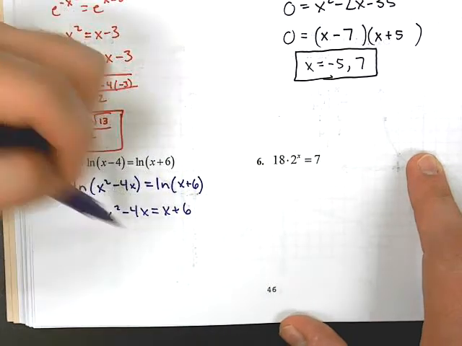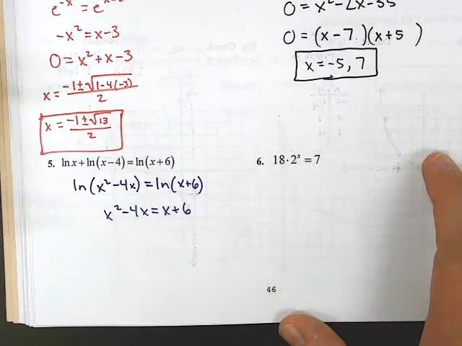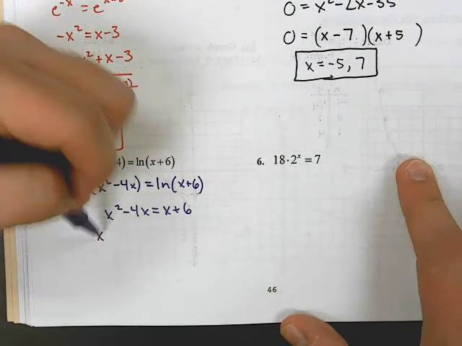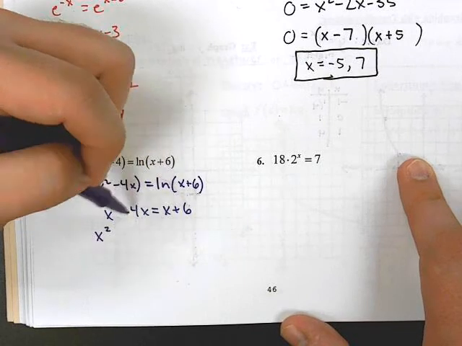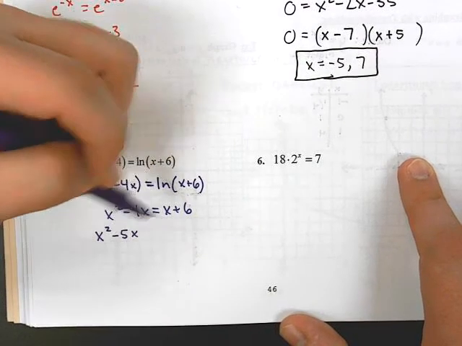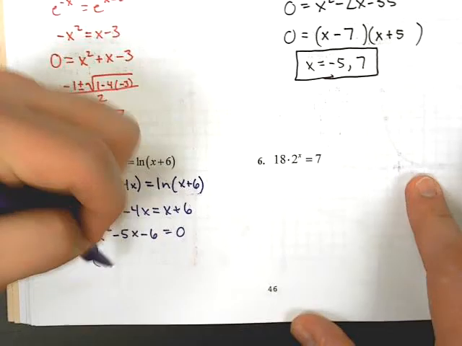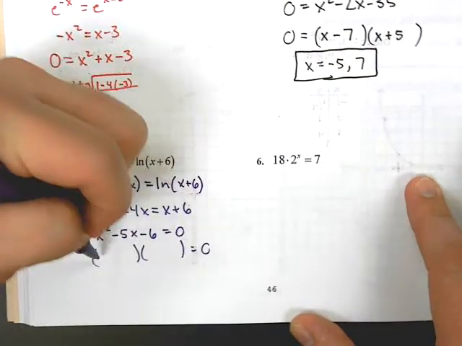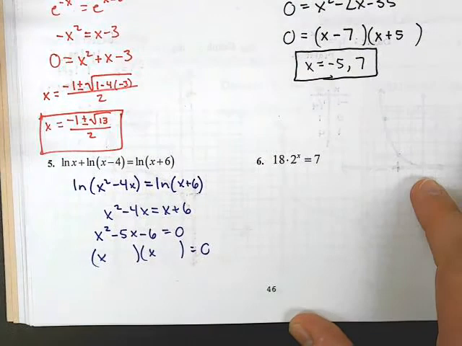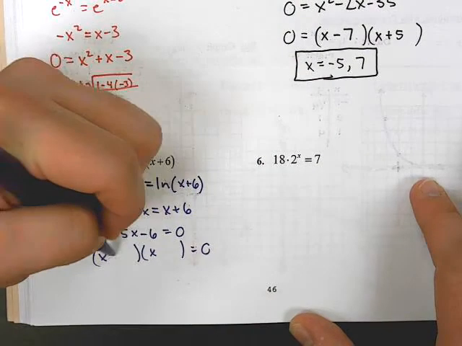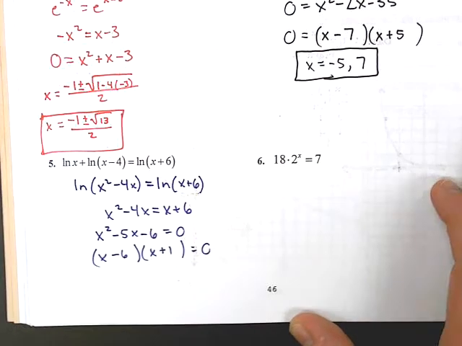Now to solve it, I need to bring everything to one side. So I'm going to leave this over here, I'm going to move an x, and I'm going to move a 6. And now we can factor. X and x. I think I'm going to have to go down 6 and up 1.